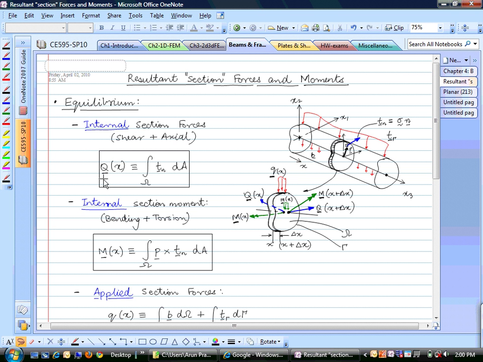So this is the net or the resultant force that is acting on the cross section. But we also need to make sure that the sum of the moments is 0. So we need to define this quantity, which includes bending moments and torsional moments. So once again, if you have a cross section and some traction at a point, what is the moment that all those tractions create about this centroid?